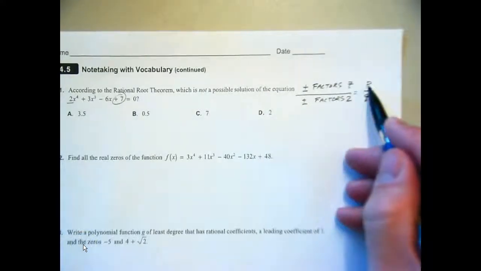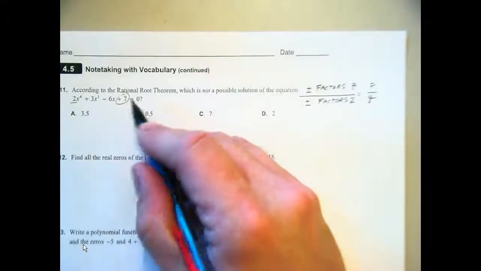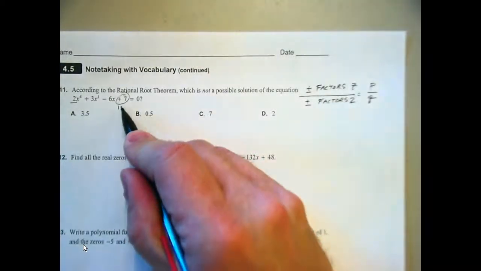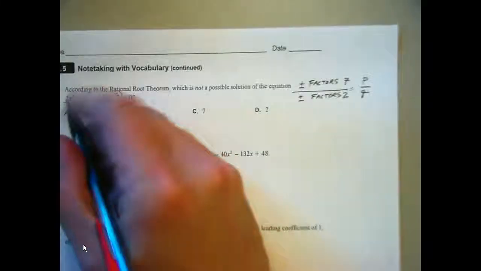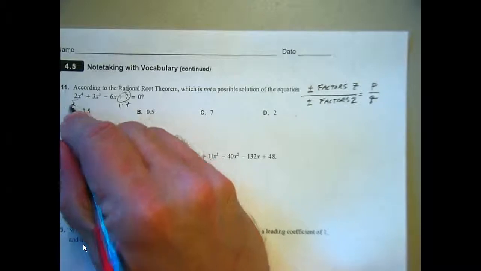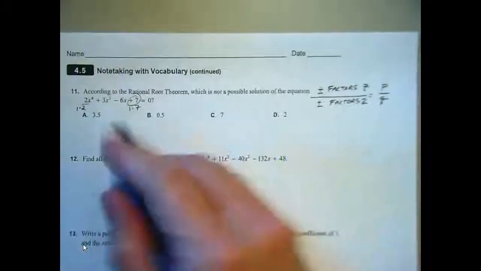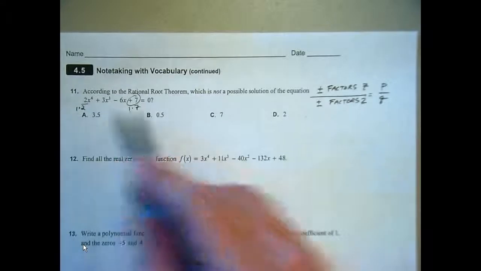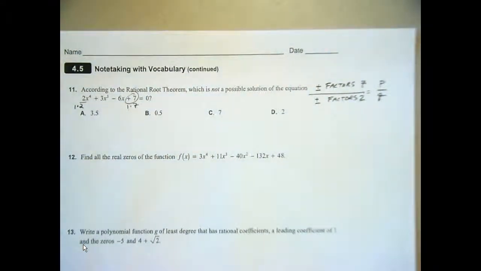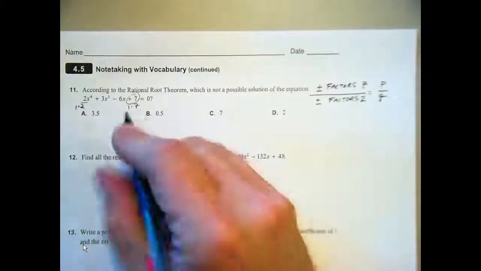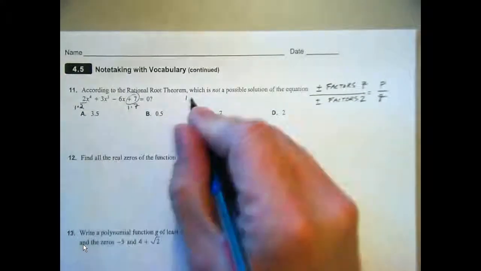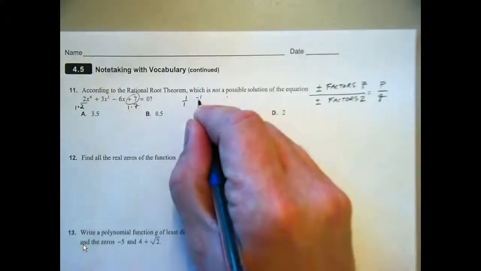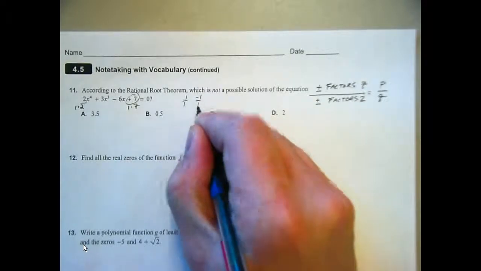So in other words, any factors of 7, in this case, what are the factors of 7? 1 and 7. So you could divide 1 and 7 by, well, there's only 2 factors of 2, 1 and 2. So all your possible solutions, I want you to list out all possible solutions you could have there. 1 over 1, negative 1 over 1.